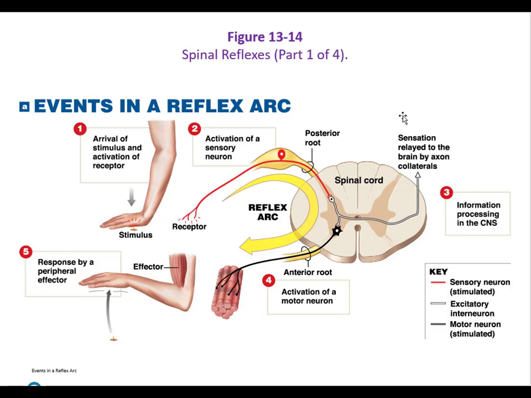So here's a reflex arc. Here's number one. We get some sort of stimulus. In this particular example, we leaned on a tack. So we're going to send a pain signal. Pain signal is going to come into the dorsal horns. So remember, dorsal horns are incoming sensory information.